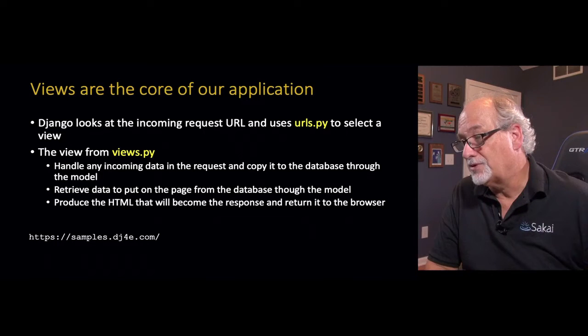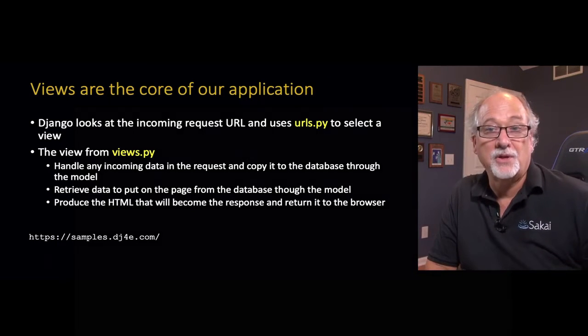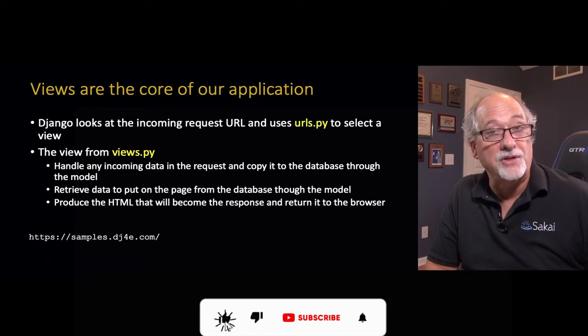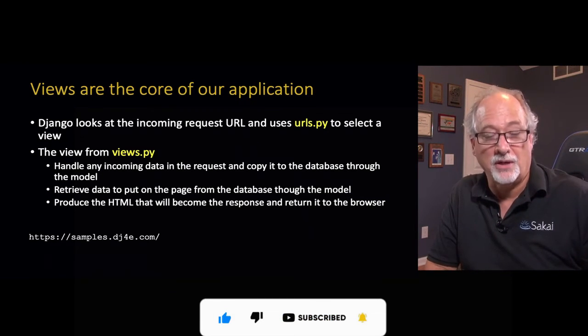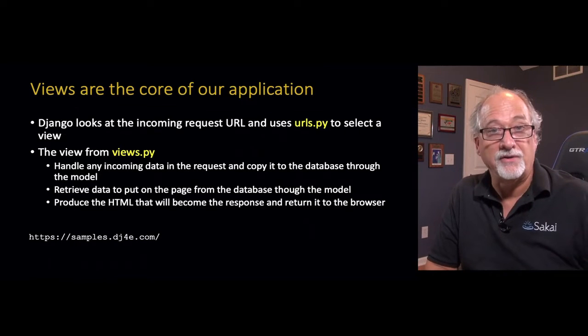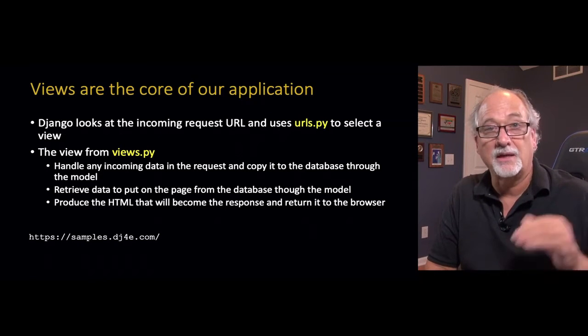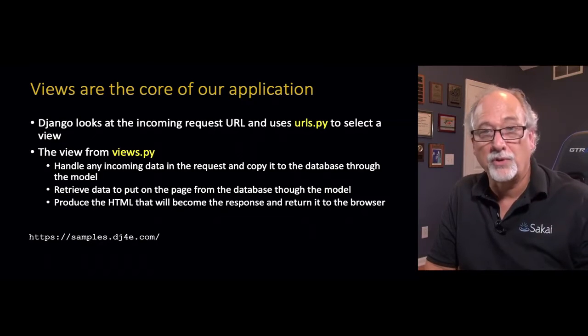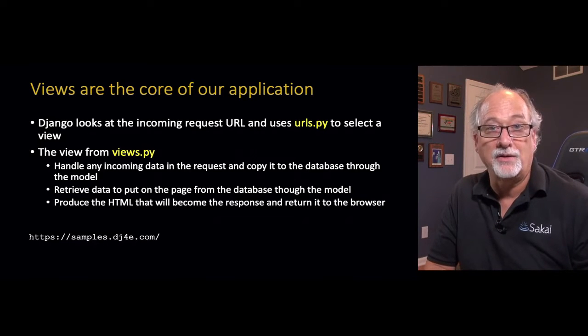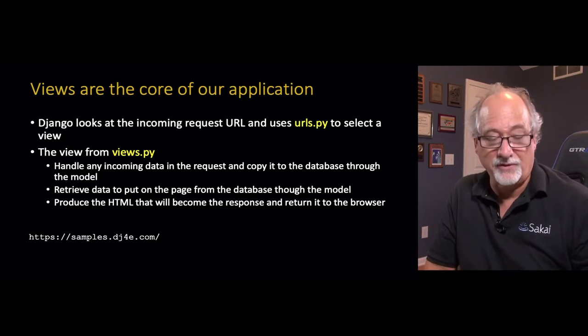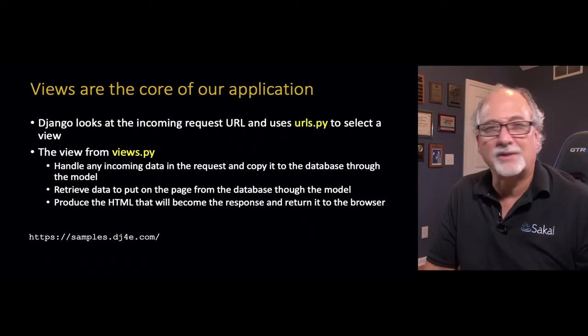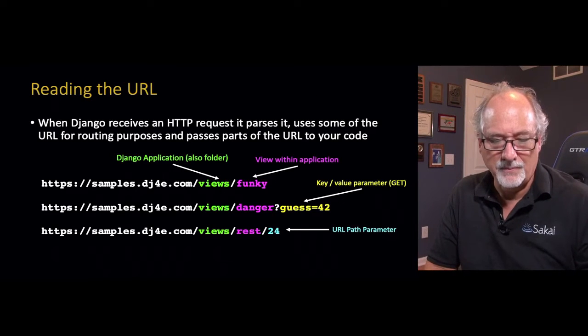The views.py decides sometimes whether or not to send the user to a different screen, or if it's going to produce the actual screen, the HTML, it produces that HTML, often using a template, and then sends it back. So the views are where the work really gets done. And what you see is you write a lot of code in the views. You write one line in the URL, a few lines in the models file, and then lots of stuff in the views. And I consider the templates kind of part of the views as well.